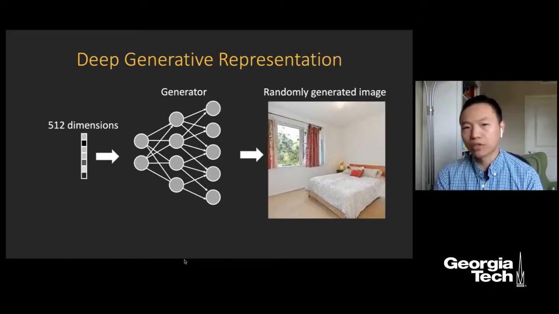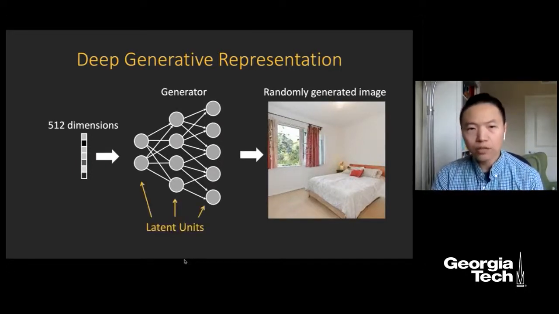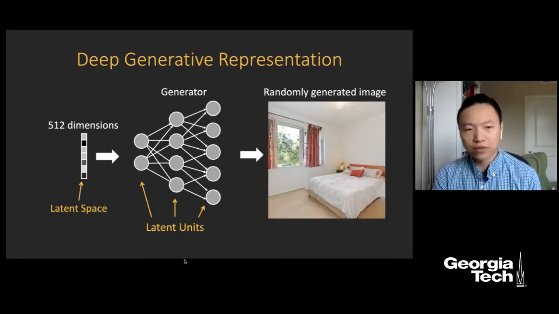Here we have a generator that generates bedrooms. There are two kinds of latent representations in this case. The first kind is the latent units. Here I call the convolution filters in the generator latent units. The other latent space is the latent vectors sampled from the random distribution. They are the latent space.